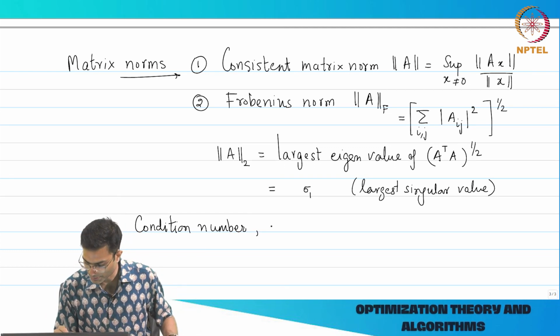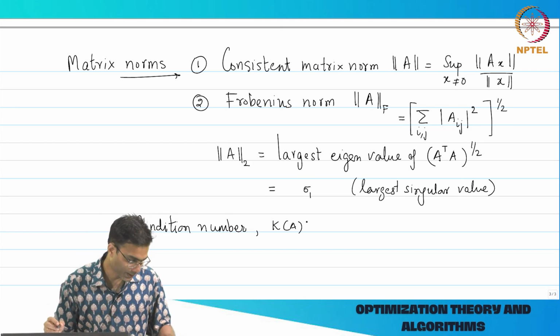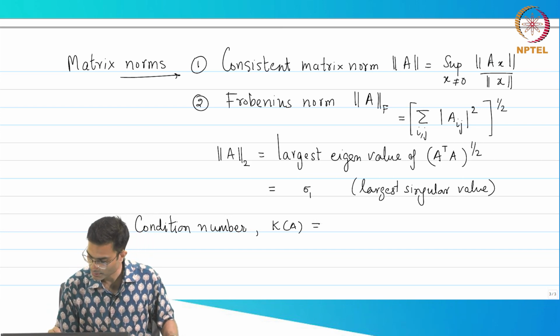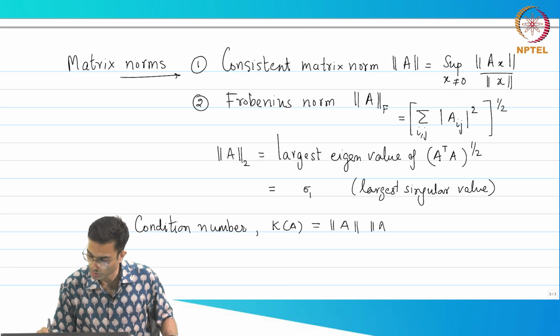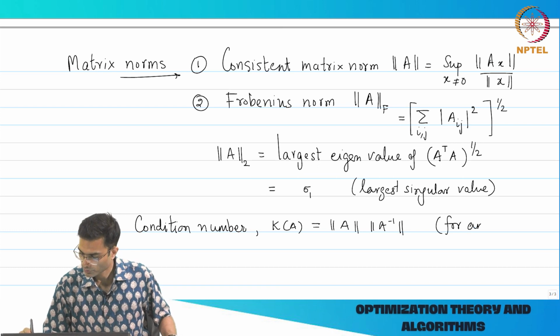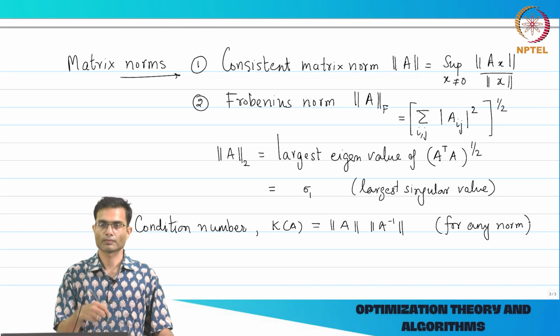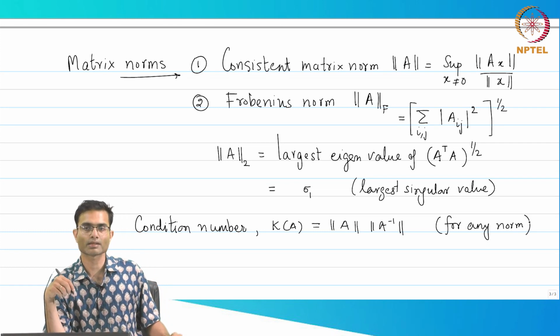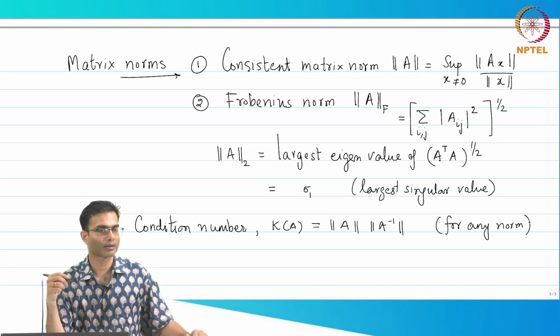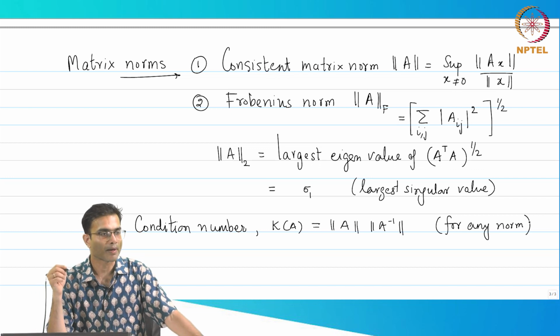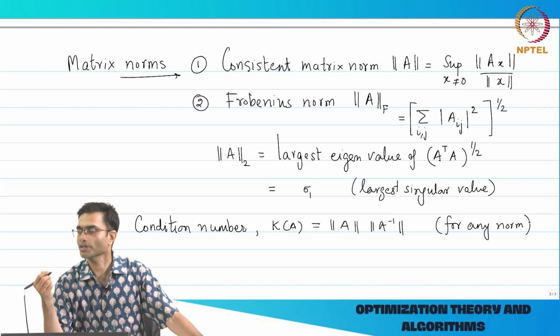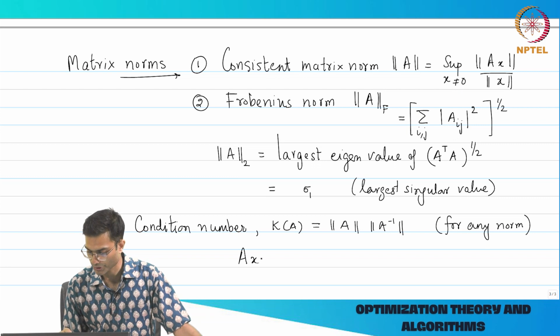Right now it might seem a little abstract, but this number is denoted by kappa, and this kappa is defined as the norm of A multiplied by the norm of A inverse, for any norm.